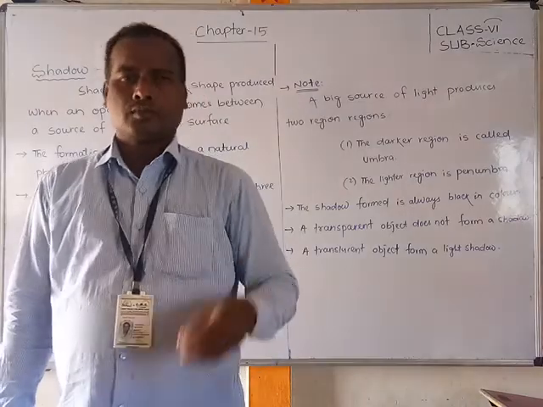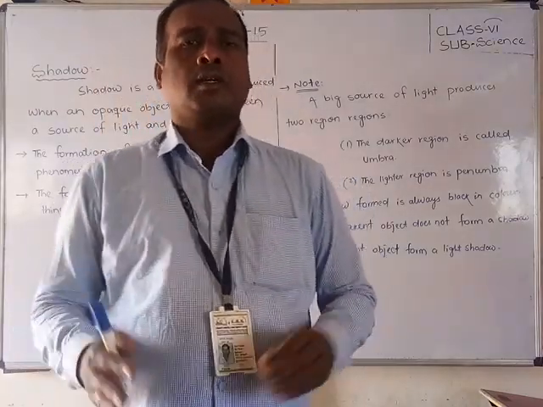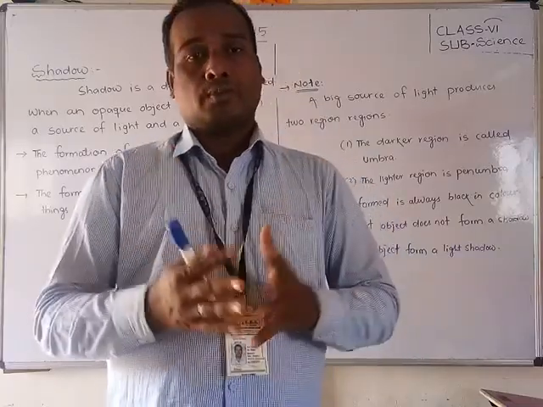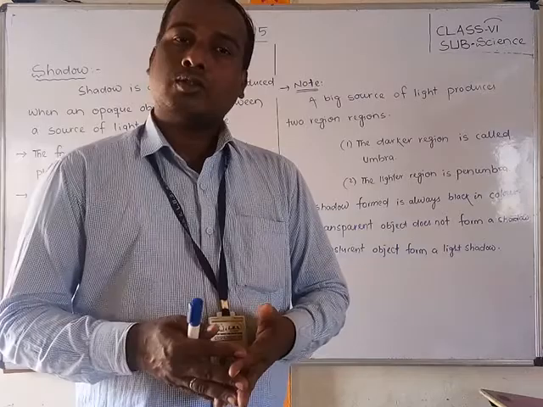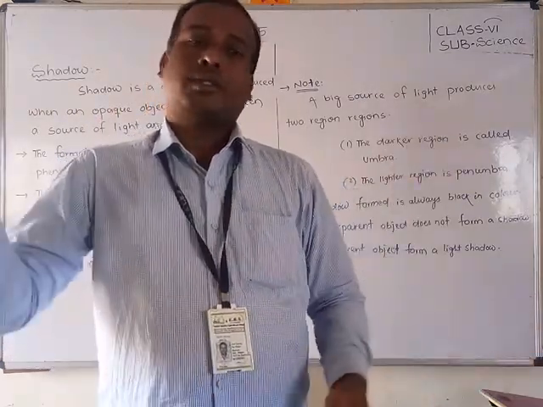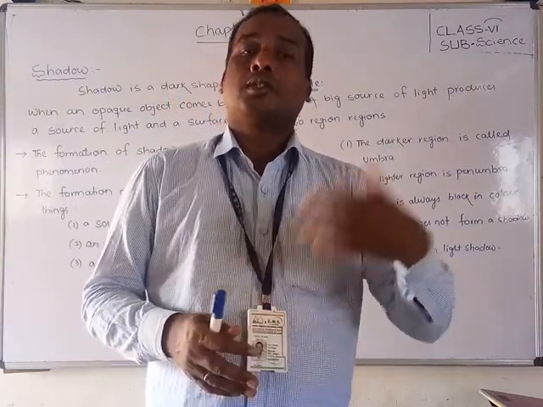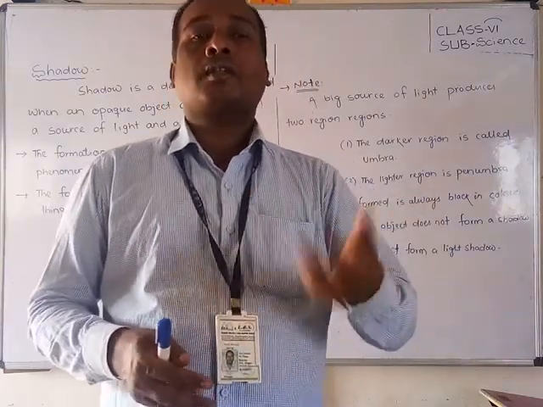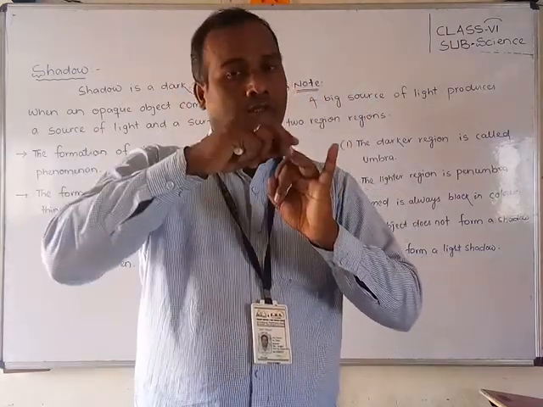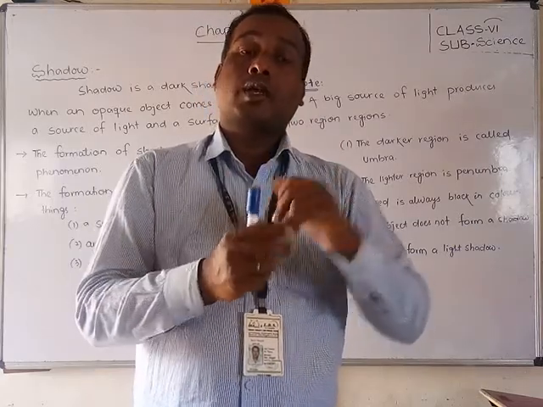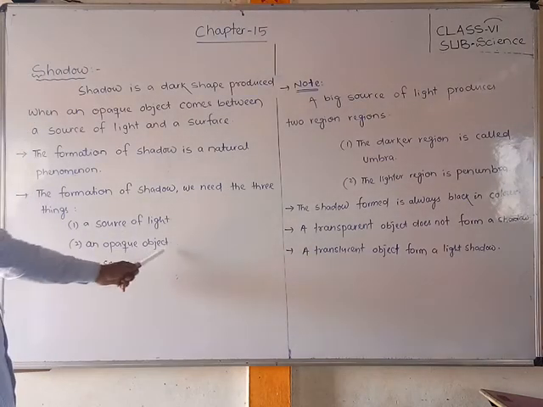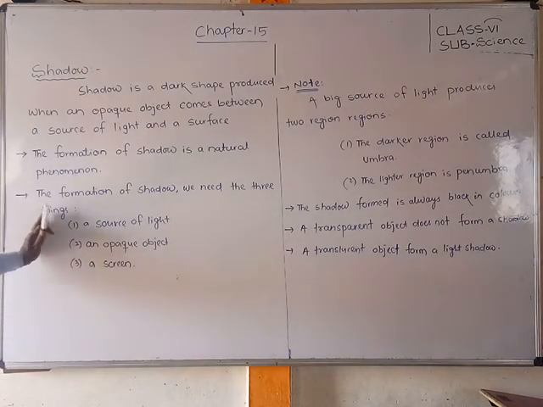If there is no opaque object, even if the source and screen are there, we cannot form a shadow. If the source and opaque object are there but there is no screen, then also we cannot see the shadow. So to make a shadow, the main three things needed are the source of light, an opaque object, and a screen where the shadow will form. These are the main three things.